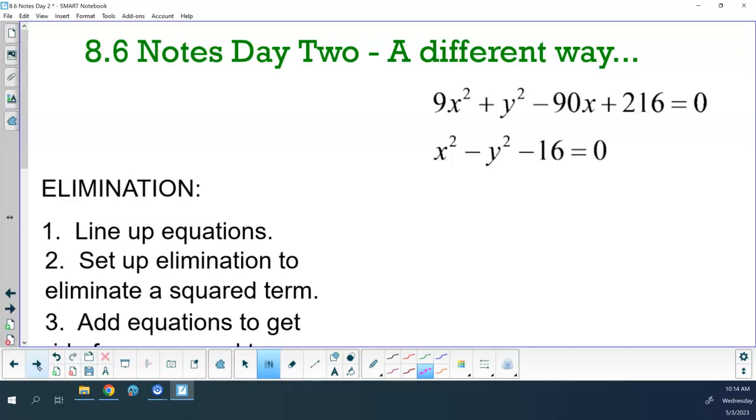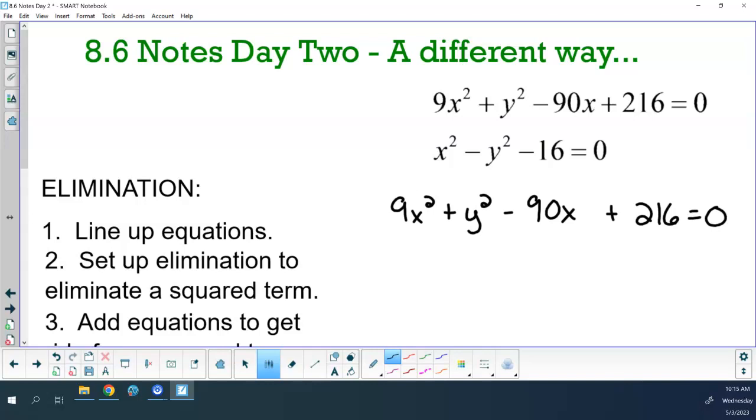So you need to look at your two equations, your two conics, if you will, and you need to first line them up. Okay? However the first one is written, write it like so, just basically rewriting the first one.